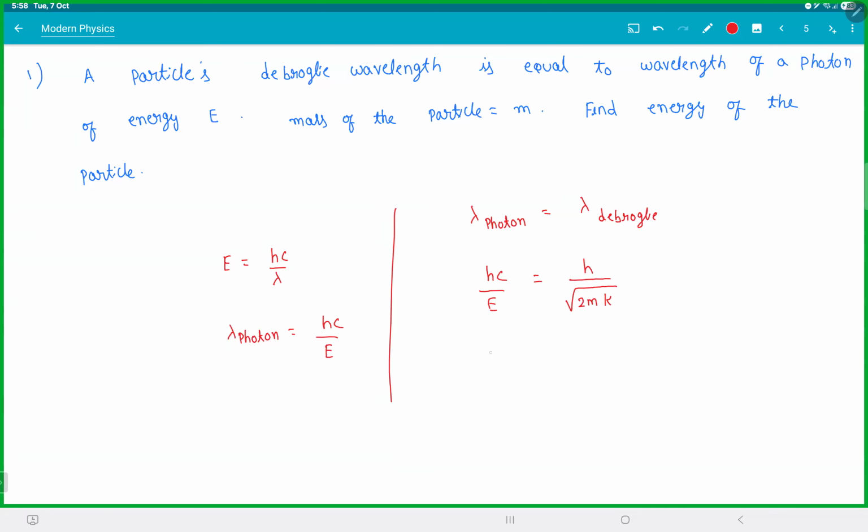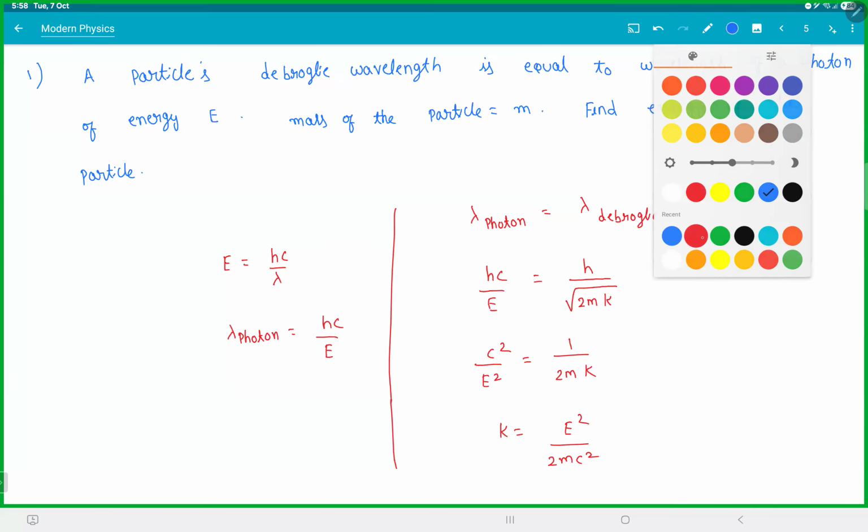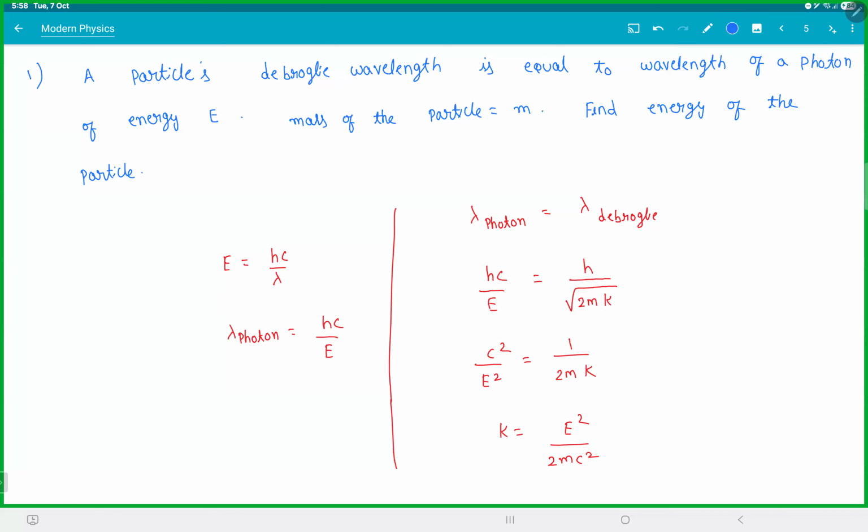This will be c square by E square is equal to 1 by 2mK. K is equal to E square by 2mc square. Easy? Yeah, a simple main level question. It's an easy one, but you need to know your formulas and you need to understand what is being asked.